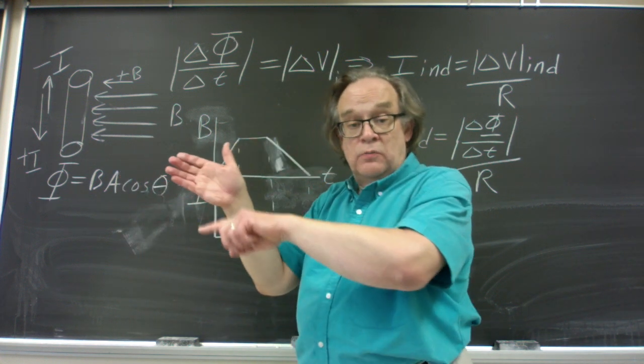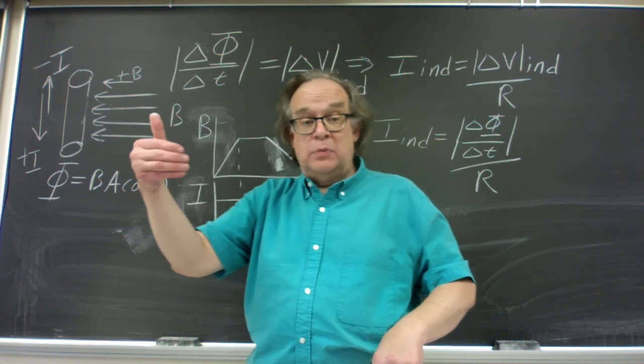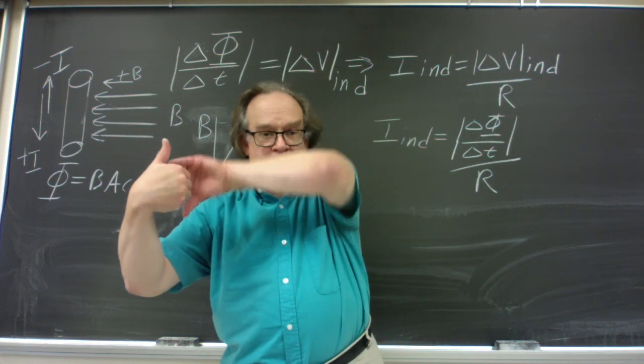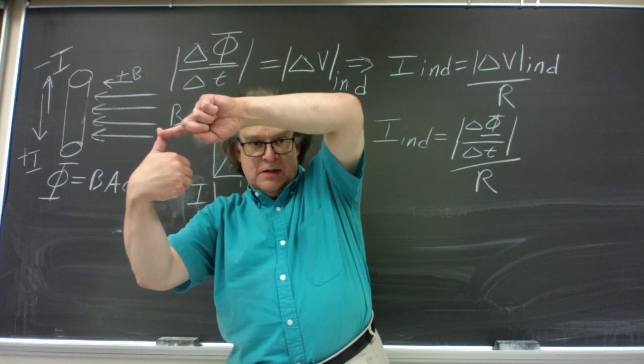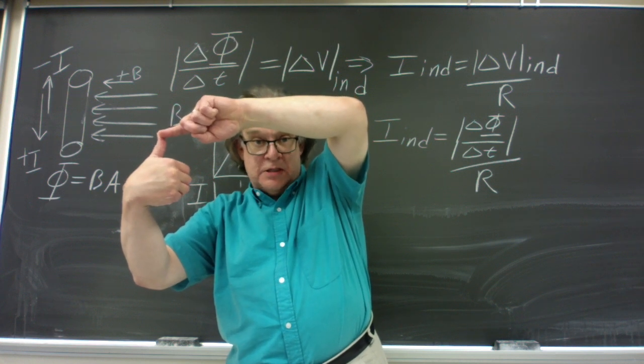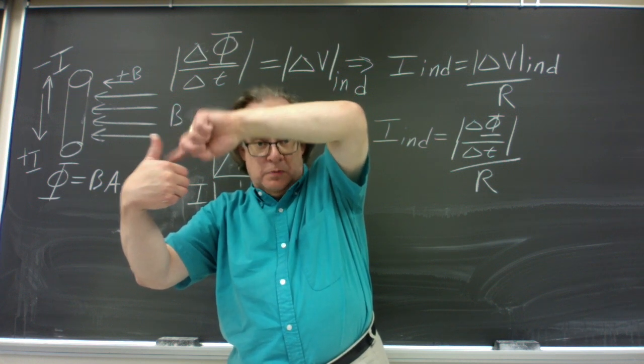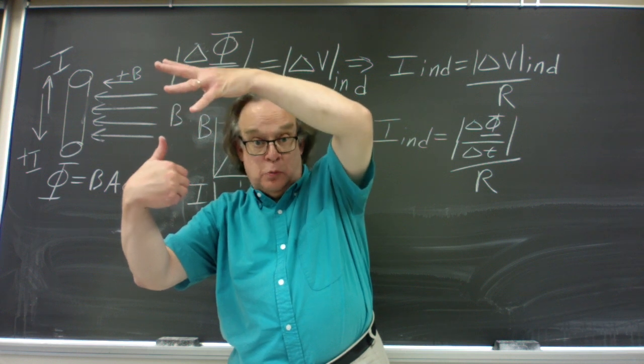To get my fingers curling enough until they get into the plane of the loop, I want the fingertips to be in the same plane as the thumb, because the thumb represents the current in the loop. So the thumb is in the plane of the loop.